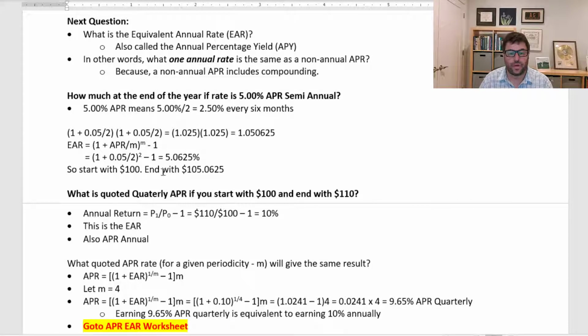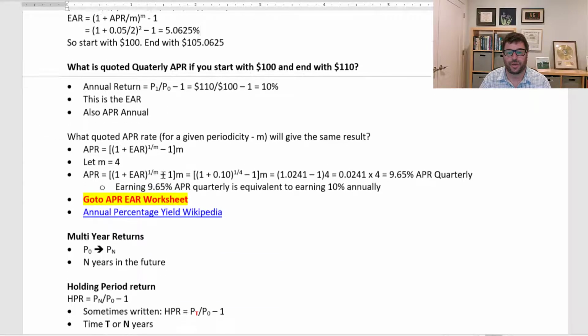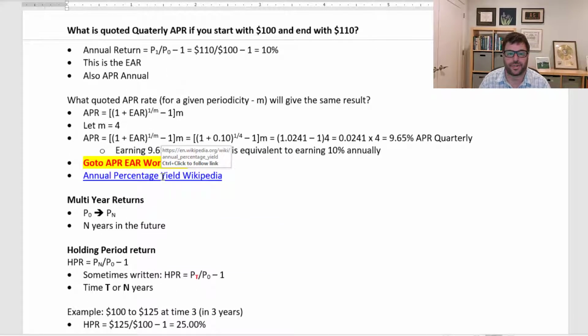Next question, what is the quoted APR quarterly if we start with $100 and end with 110? Well, the annual return is 10%. That's pretty easy. This is the effective annual rate, but what quoted APR quarterly for periodicity m will give the same result? Now we have this equation. And so now I'm going to have my number of compounding periods is 4 because it's quarterly.